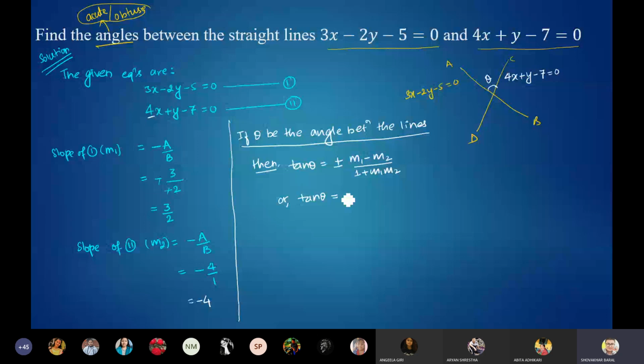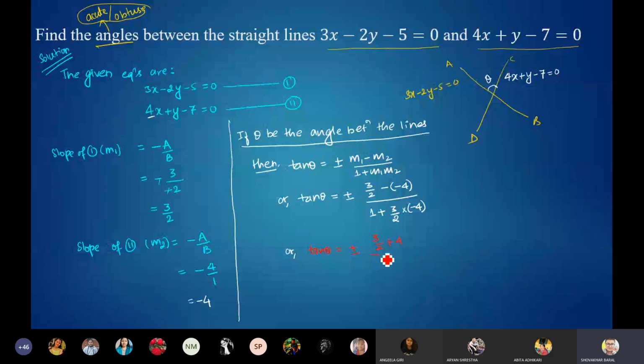Okay, so let's replace the values. Tan theta is equals to plus minus m1 is 3 divided by 2 minus m2 is minus 4, so 1 plus 3 divided by 2 times minus 4. Okay, so it will be tan theta is equals to plus minus 3 divided by 2 plus 4.